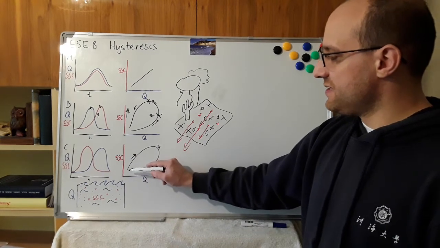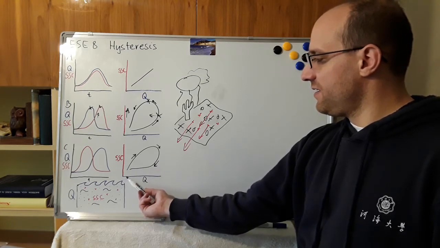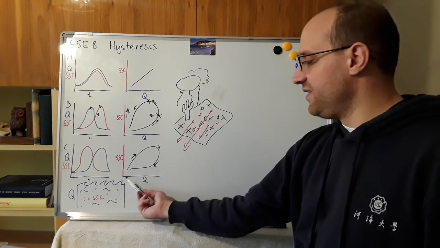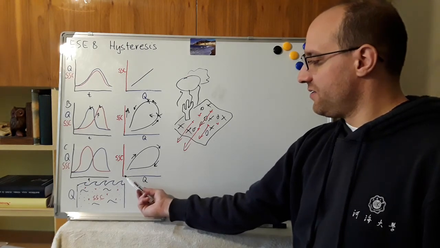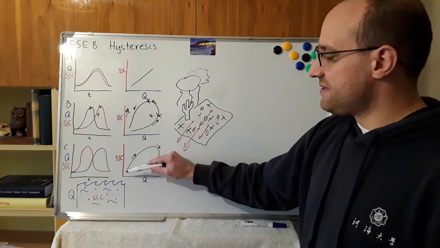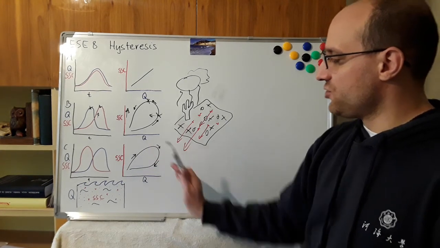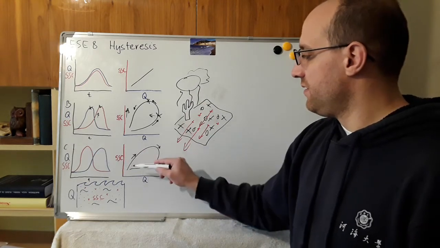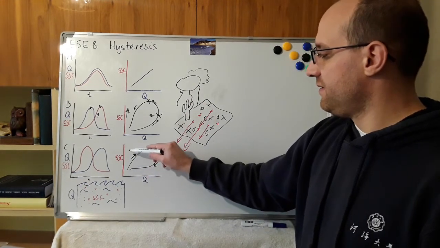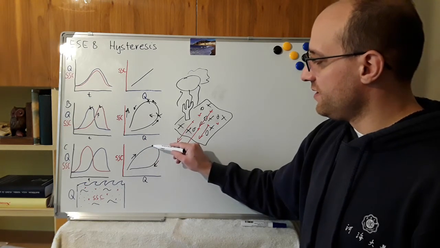So first we see that the discharge is moving only a very little bit, or perhaps it's not moving yet on this axis, but the sediment concentration shows a very quick and sharp increase. So we go up over this axis, perhaps reach over here.